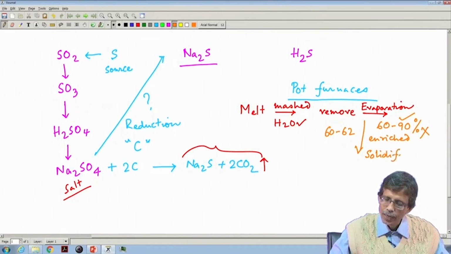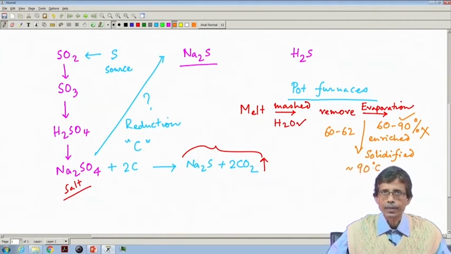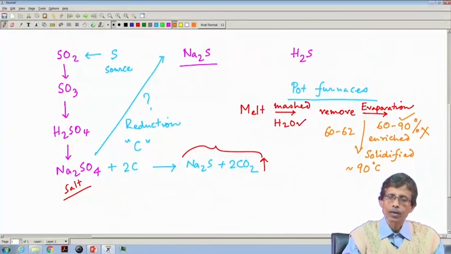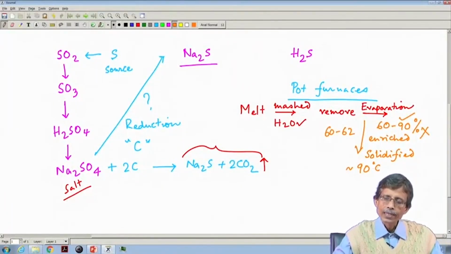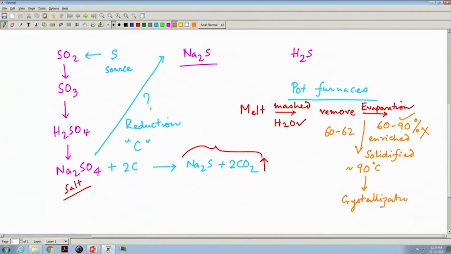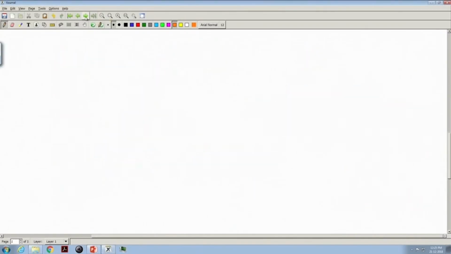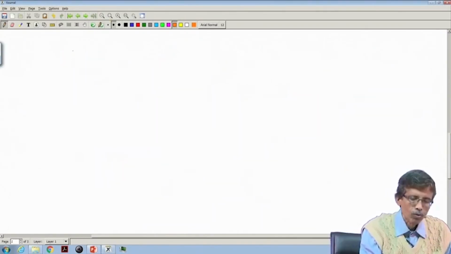It is solidified at high temperature, say about 90 degree centigrade. That means at 90 degree centigrade you get the saturated solution, and that saturated solution is allowed to crystallize. So, you will get a good amount of sodium sulfate crystals in your hand. This is one particular technique we can have. That one particular process is also known as the electrolysis process.